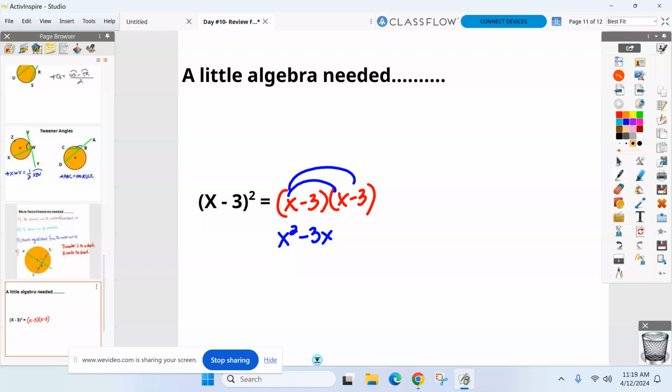And then distribute the -3. Be careful there, +9. Got some colors working here today. All right, it'll come up. Just want to make sure you're aware of it.